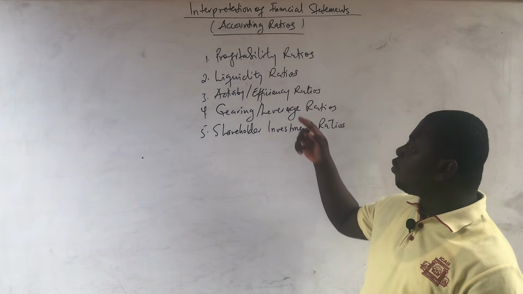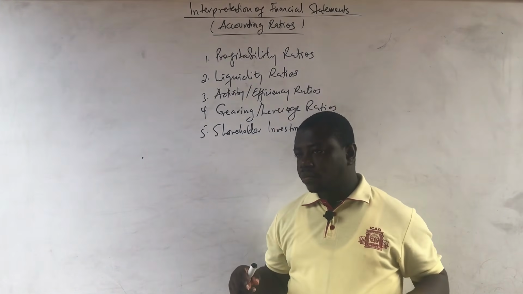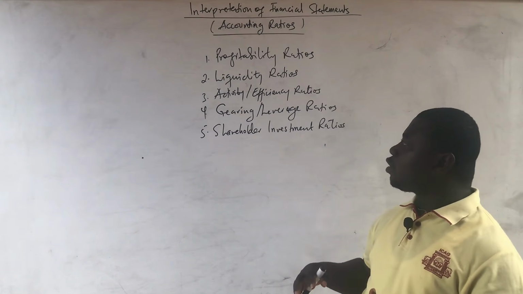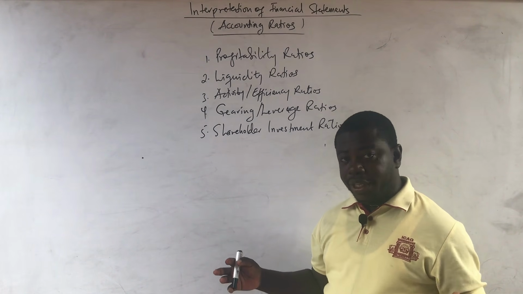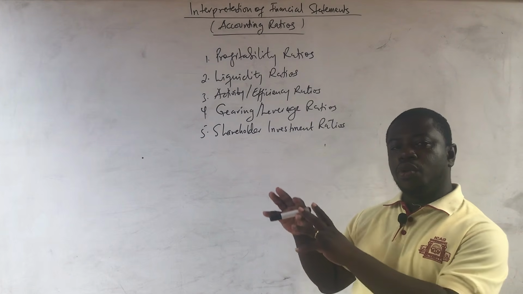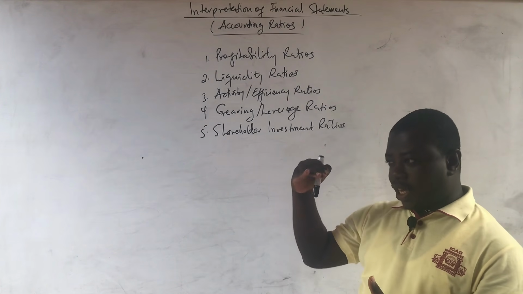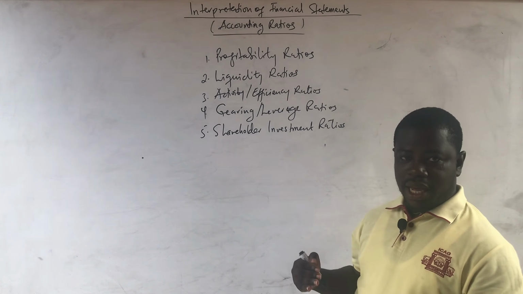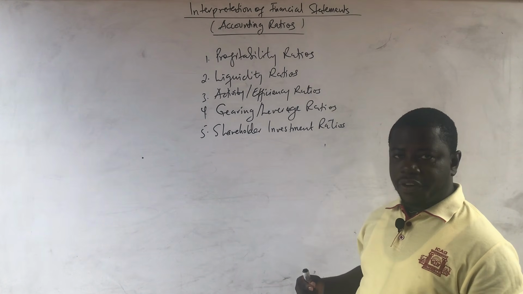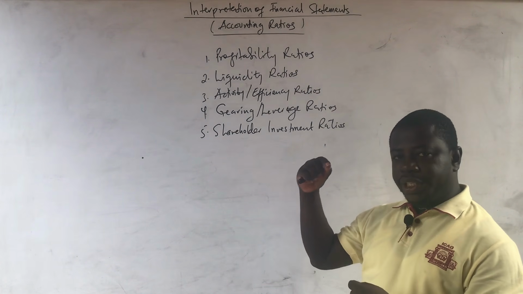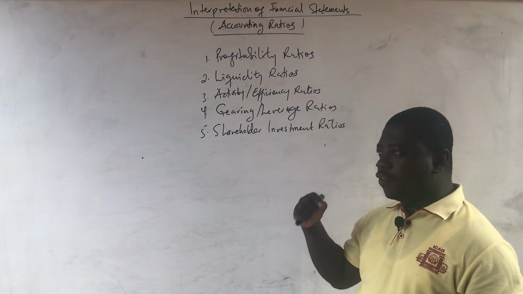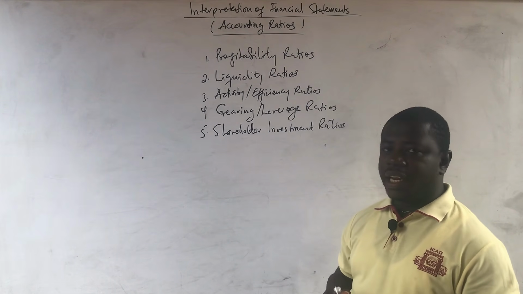Then we have the liquidity ratios. Liquidity looks at working capital related issues, and so we are going to look at that as well. Under profitability, there are some ratios that we are going to calculate, and I'm going to show you the formulas for that. When we get to liquidity, we are going to look at formulas for different kinds of ratios under the liquidity.